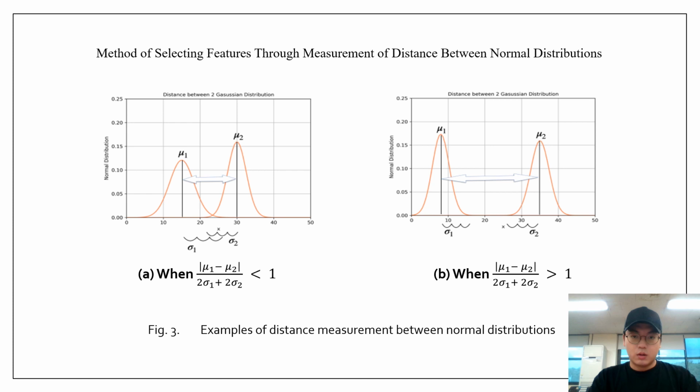So these figures show examples of distance measurement between normal distributions. The mean and the standard deviation of each class are obtained for the features to be selected, and they are applied to 3 to obtain the result.